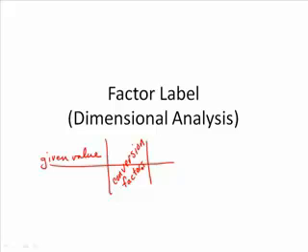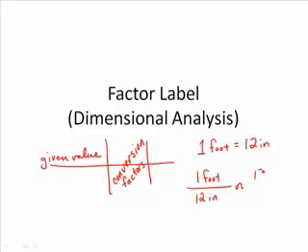Okay, as such, what you will see is that these conversion factors that we have are always going to be things that are equivalent to each other. Just some ones that you may be familiar with. For example, if we said that 1 foot equals 12 inches, if I were to use that in a factor label as a conversion factor, I could either write it as 1 foot over 12 inches or 12 inches over 1 foot.